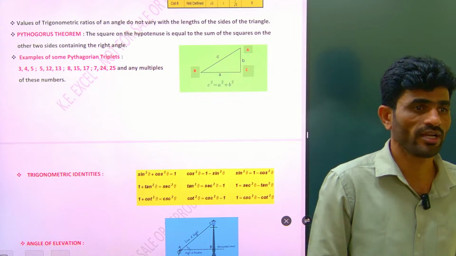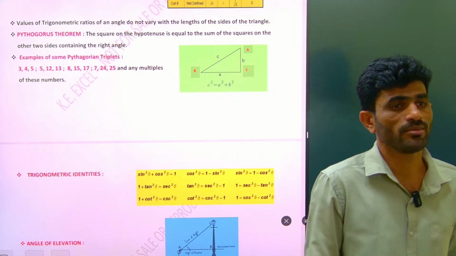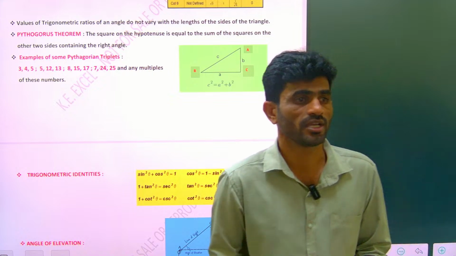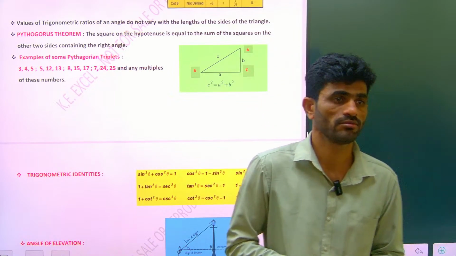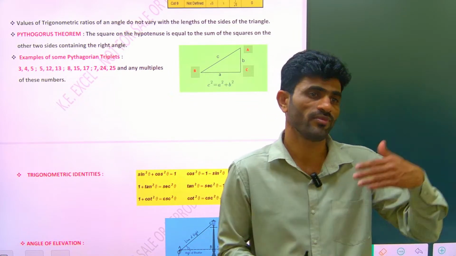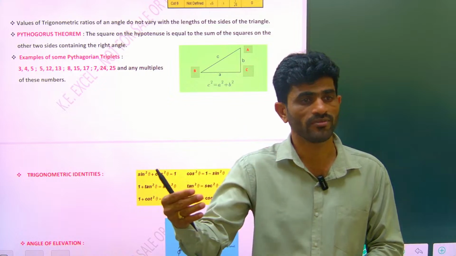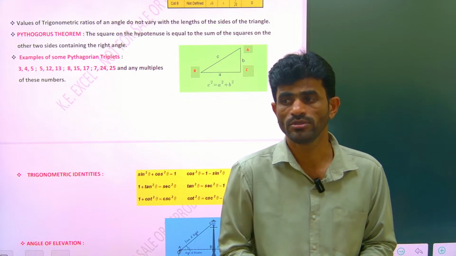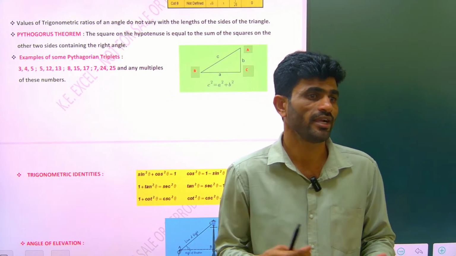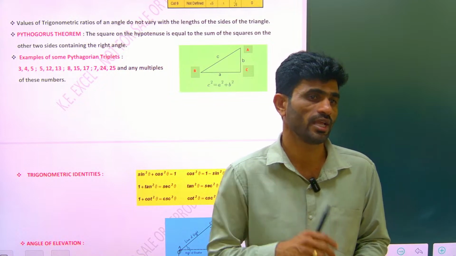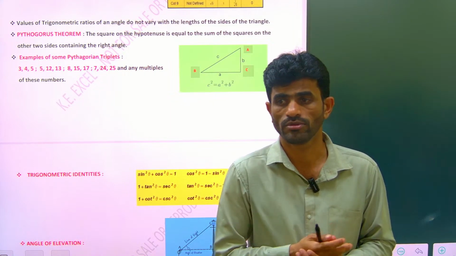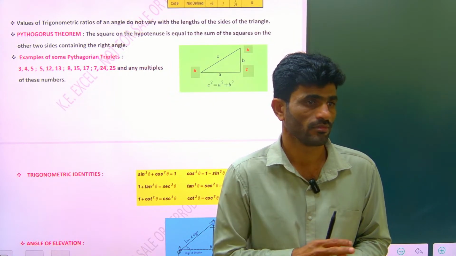If you substitute A, we get D also. Sometimes 2 terms will be given. When 2 terms are given, you should do the elimination method or solve 2 equations. From the first term we get 1 equation, from the second term we get another equation. Both equations we have to solve. We get A and D. Once you know A and D, whatever they ask, we can find out. Understand?